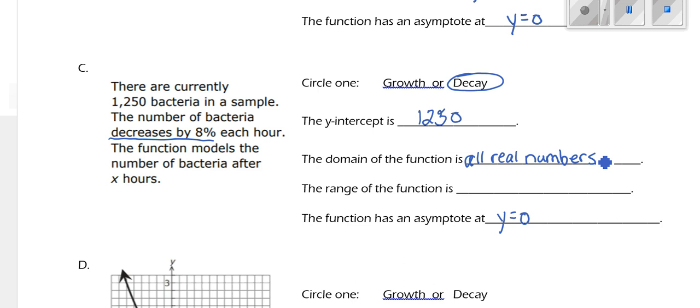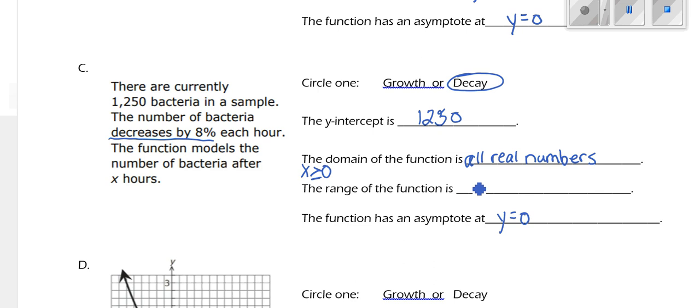Or just depending on the situation, I would accept x is greater than or equal to 0. Just thinking about the situation, that's acceptable.